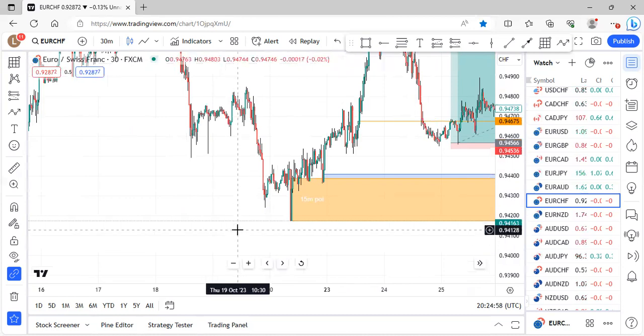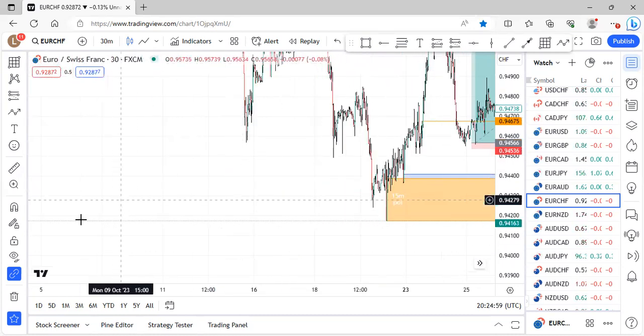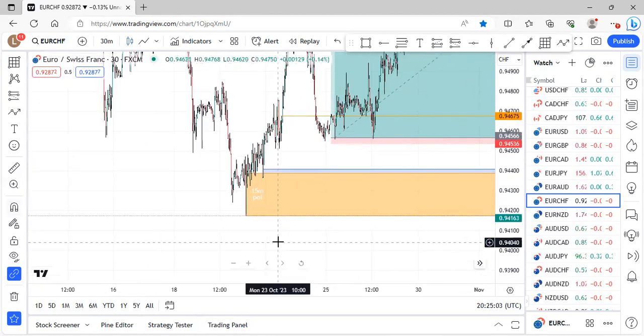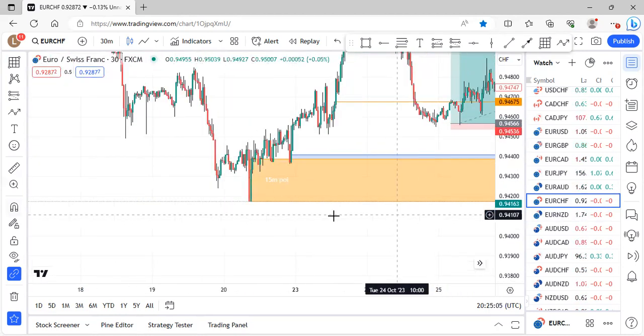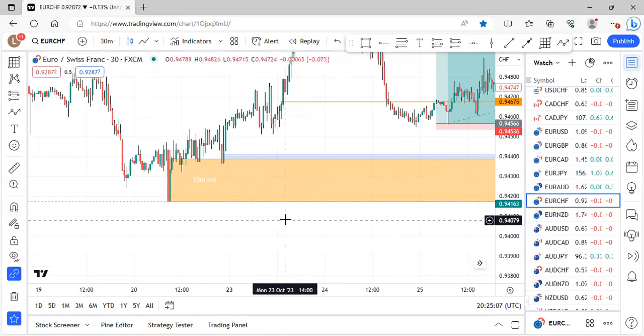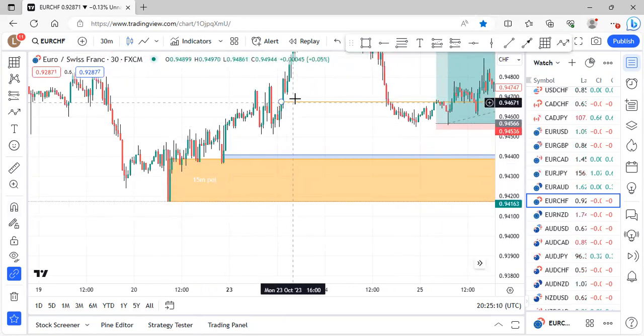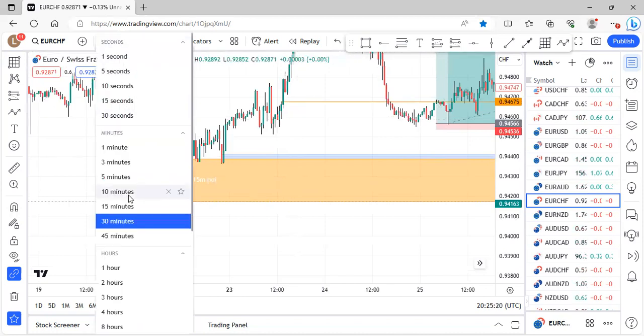October time. There'll be a point of interest further back here on the 4 hour. As you look up here, the first point of imbalance is up here.